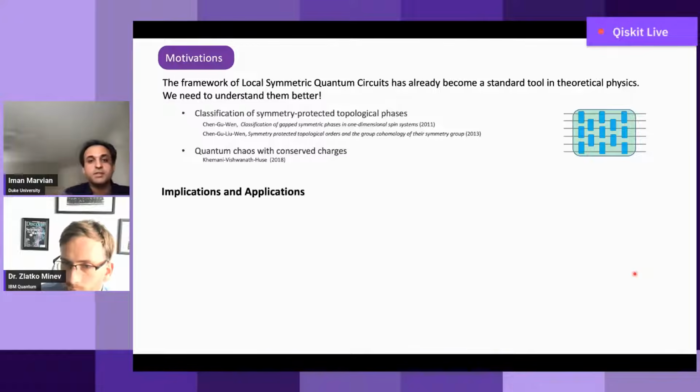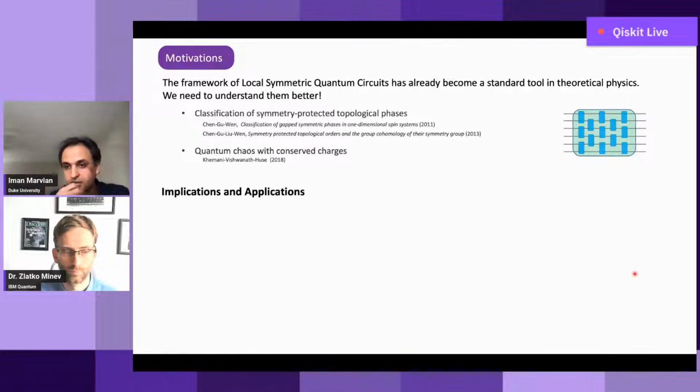For example, to classify symmetry-protected topological phases. Symmetry-protected topological phases are classified based on low-depth or shallow symmetric quantum circuits. Or they are used, for example, to study quantum chaos in the presence of conserved charges and scrambling of information in quantum systems in the presence of conserved charges.